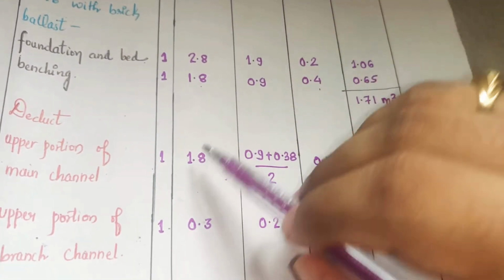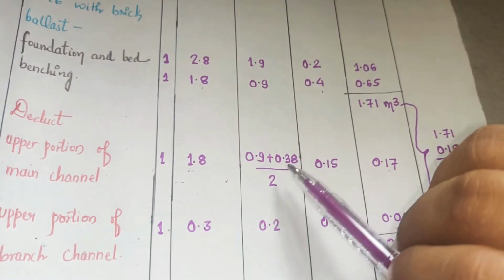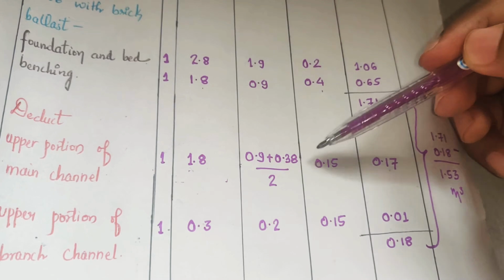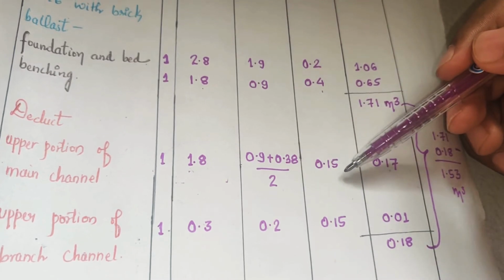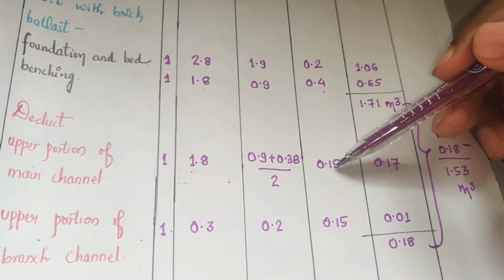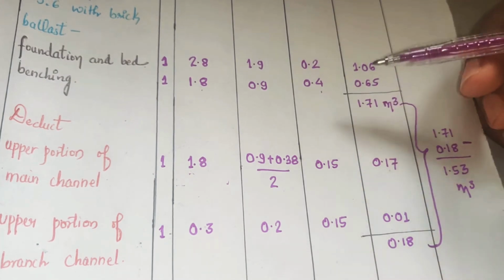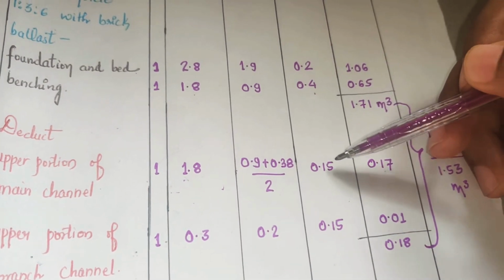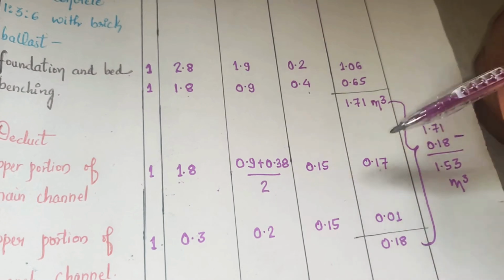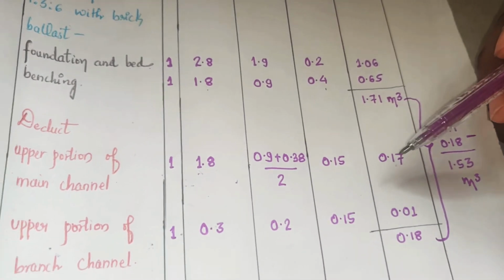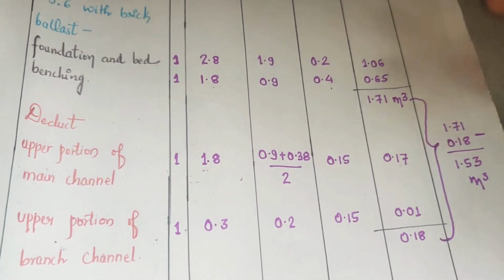So overall your total deduction quantity is 1.8 into average of this value plus 0.15 depth. So I said already 10 centimeter is the relieving arch plus 5 centimeter is added, so 15 centimeter. So 0.15 is the depth. So quantity for deduction for the upper portion of the main channel is 0.17.